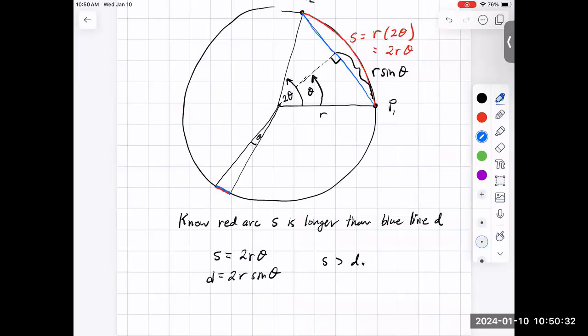So as you shrink theta down smaller and smaller, the difference between the red and blue lengths gets smaller and smaller. And eventually what you can do is say, for small enough theta, we can approximate the red and blue lengths as being the same. And that's going to help us solve our pendulum problem. Okay, so that's where we'll pick this up on Friday.